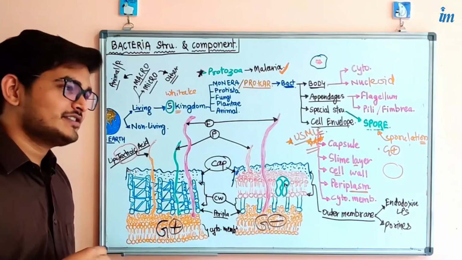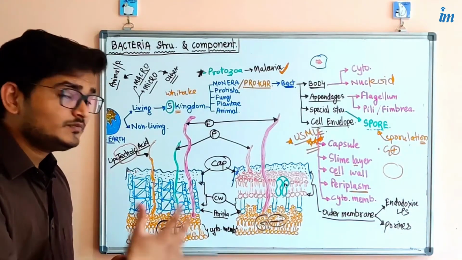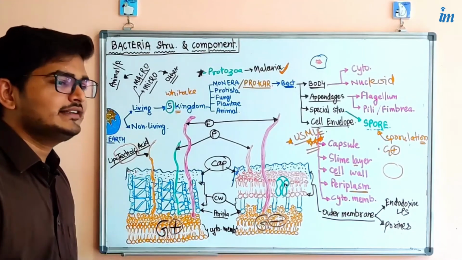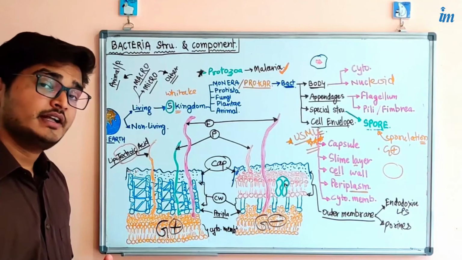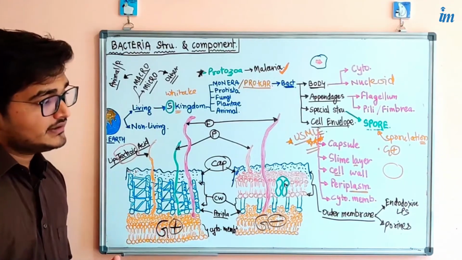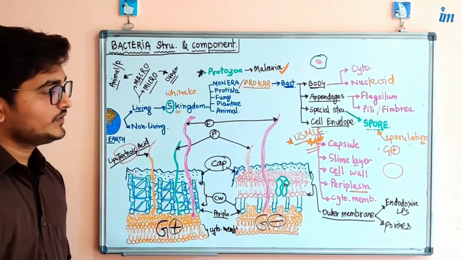They have their body or core part, then the cytoplasmic membrane, then the periplasm, then the cell wall, then the slime layer, and the last one is the capsule.